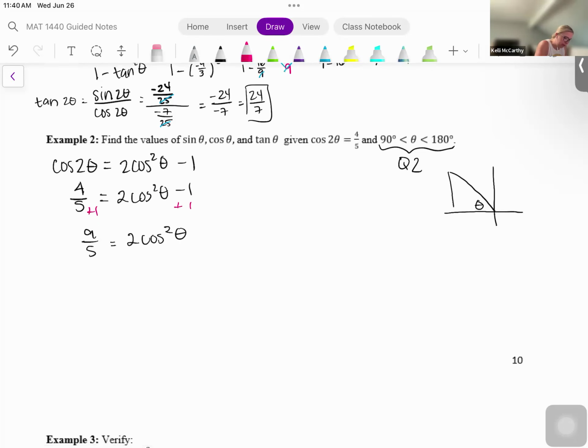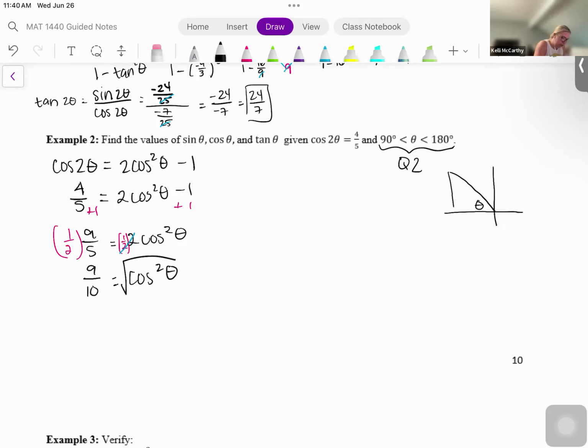And then multiplying both sides by 1/2. I'm saying multiplying by 1/2. It's the same as dividing by 2, but when we've got a fraction on the one side, thinking about it as multiplication of a fraction is a little bit easier than division. So this is 9/10 equals cosine squared theta.